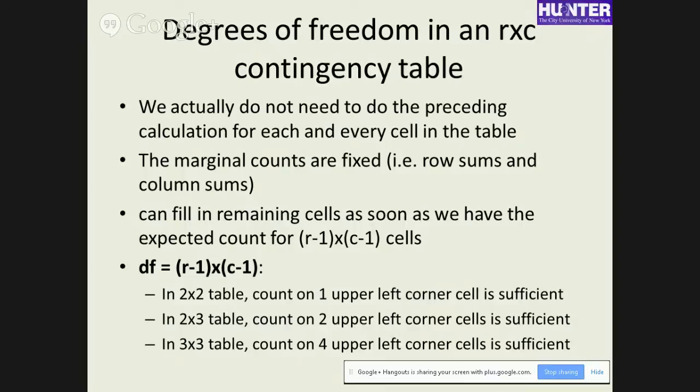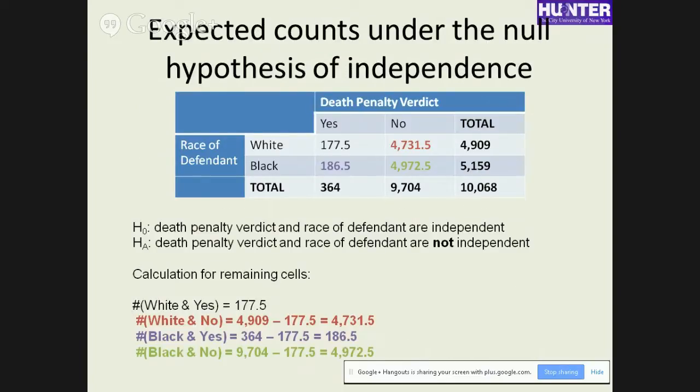There's only 1 degree of freedom here. So once you have one of the cells, you can reconstruct the rest. So going ahead and filling these in, this is what the null hypothesis looks like. So far, so good.